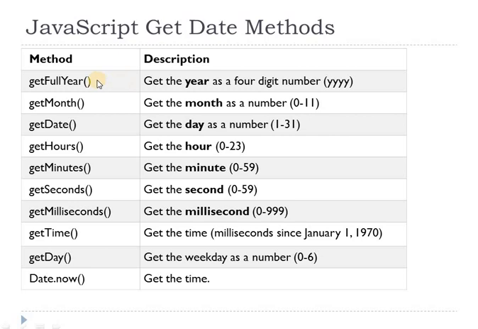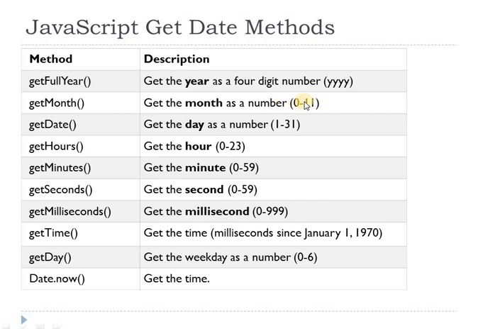Now in the description you can see the return type of that particular method. For example, getFullYear will return a 4-digit number, for example 2020, which is badly known for corona. Just let it be. After that, getMonth. This will return the month as a number, but you can see that over here it is not from 1 to 12, it is from 0 to 11.